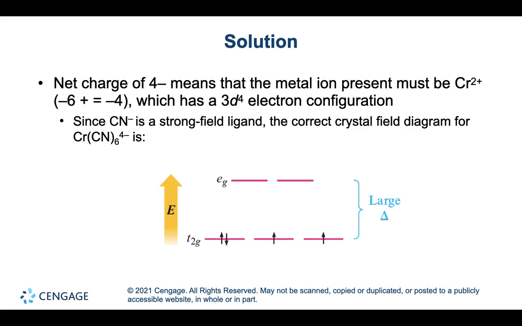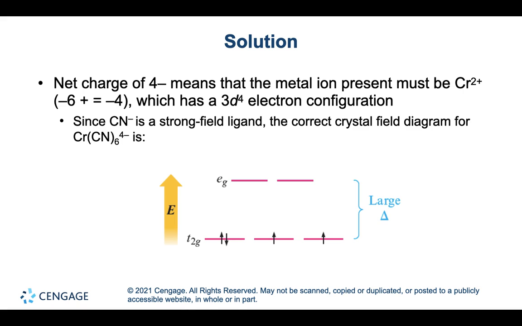Now we ask, is cyanide going to be a strong field ligand and cause a large splitting, or is it going to be a weak field ligand and have a small splitting? If we look at the charts on cyanide, which there's a chart in your book, cyanide is a strong field ligand, meaning a large delta or a large splitting. Since that's a large splitting, we are not going to put an electron in the eg until we totally fill the t2g.